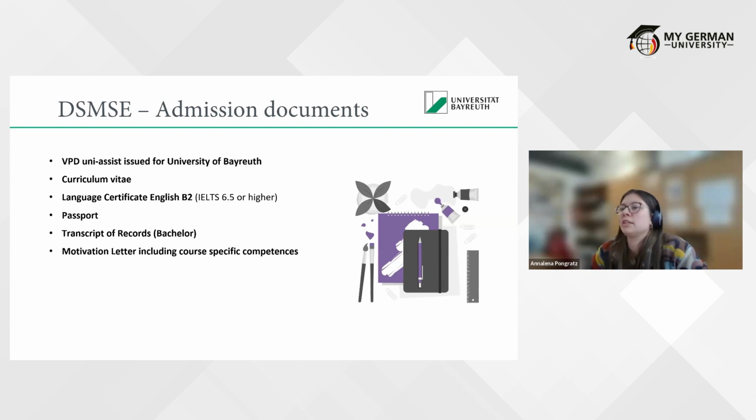Important admission documents are a VPD from UniAssist that was issued for the University of Bayreuth, a CV, the language certificate in English, your passport, a transcript of records of your bachelor studies, as well as a motivational letter, no longer than 2 pages, that also includes your course-specific competences.